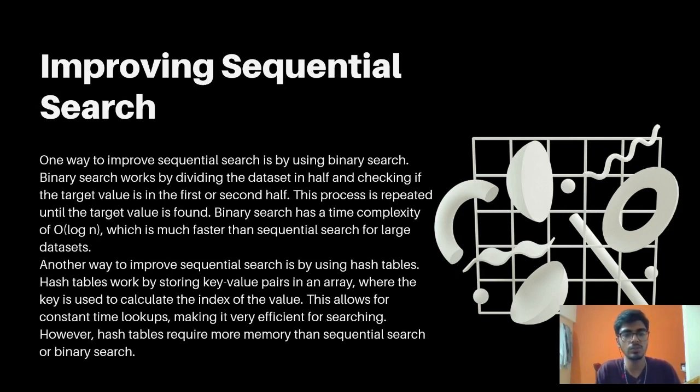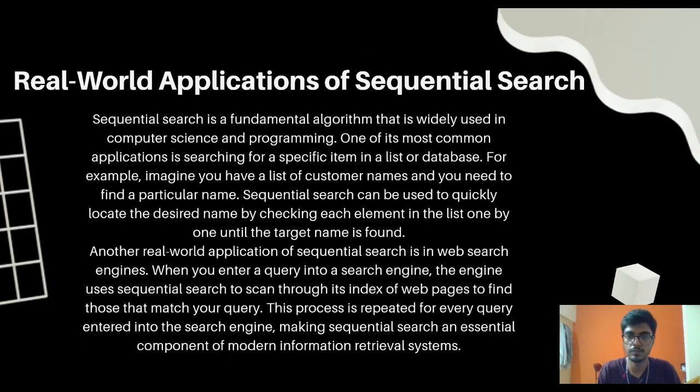Another way to improve sequential search is by using hash tables. Hash tables work by storing key-value pairs in an array where the key is used to calculate the index of the value. This allows for constant time lookups, making it very efficient for searching. However, hash tables require more memory than sequential search or binary search.